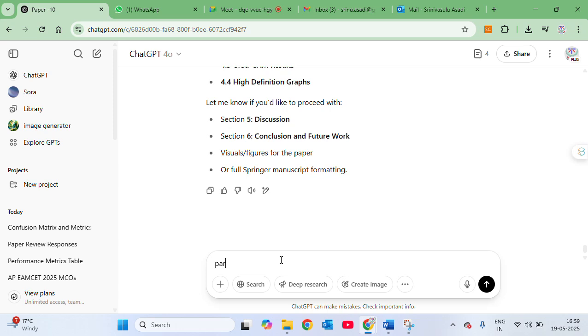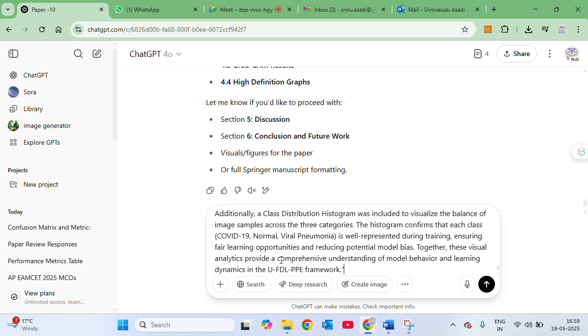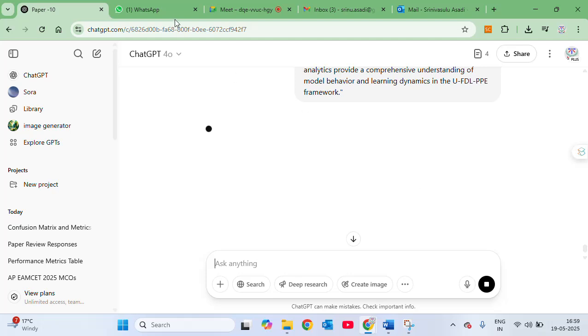So paraphrase and make it into humanoid text for this data. So these are the experimental results.